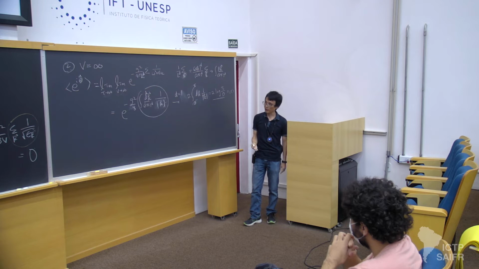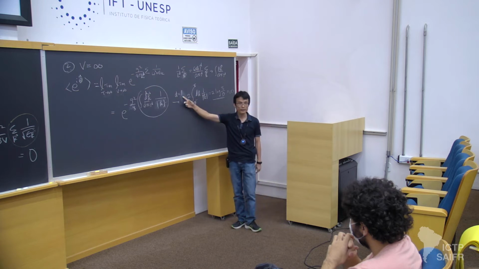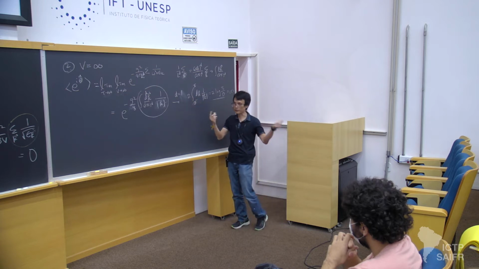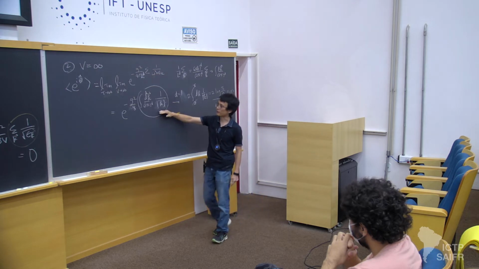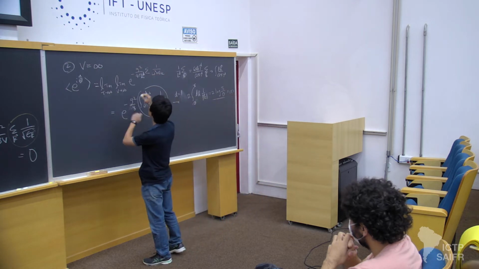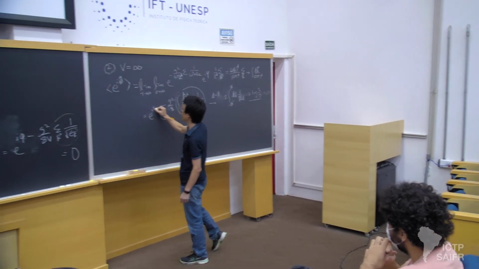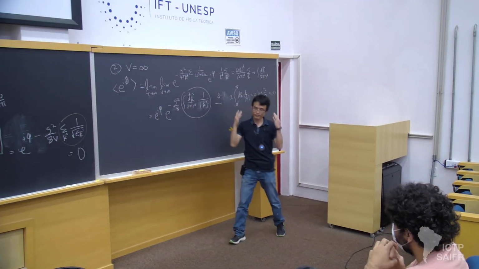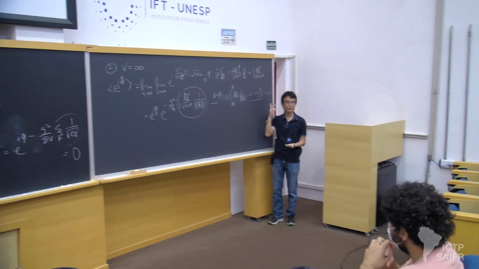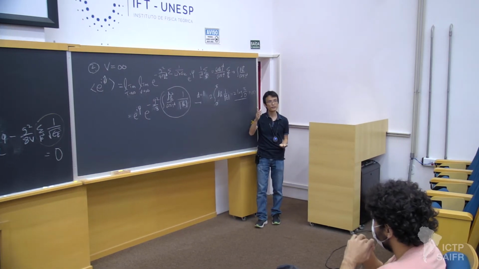Even in the thermodynamic limit, in d equal 1, in one dimension, this still diverges. So therefore, I forgot this e to the phi. Therefore, this expectation value still vanishes in d equal 1. Okay? So therefore, in one dimension, even in the thermodynamic limit, there's no spontaneous symmetry breaking.